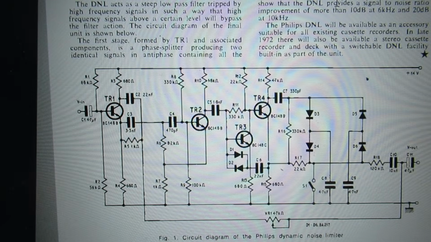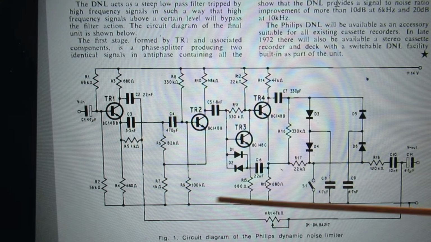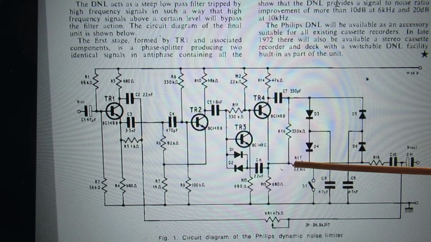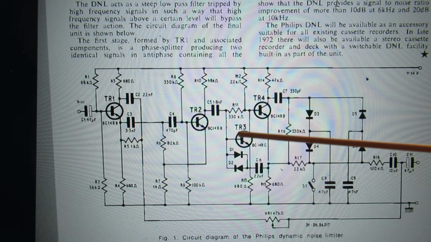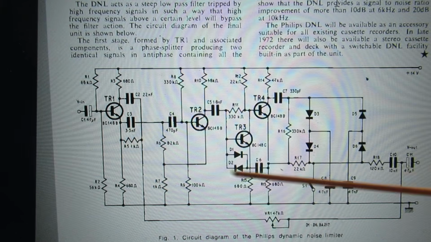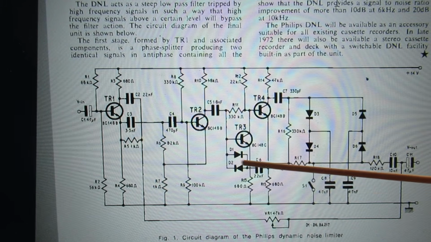What's this? The DNL. I have already talked about it. As far as I can remember, the dynamic noise limiter was invented by Philips. Dolby in those days won the war in the 1980s about noise limiting.